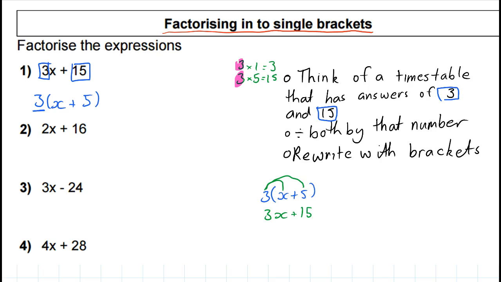Okay, so just like I taught you with the expanding stuff, you can expand 3 outside of x plus 5 and get 3x plus 15, or you can factorise 3x plus 15 and get 3 outside of x plus 5.